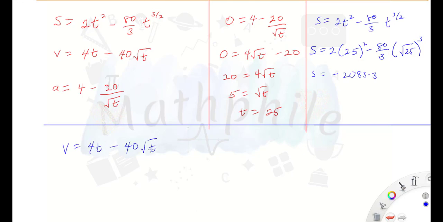When t is equal to 25, v is going to be equal to 4 times 25, 100, minus 40. So what would this give you? Negative 100 meters per second.